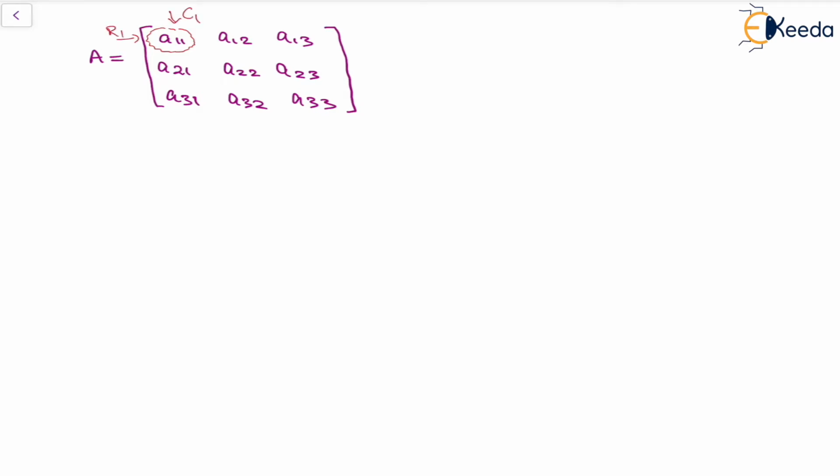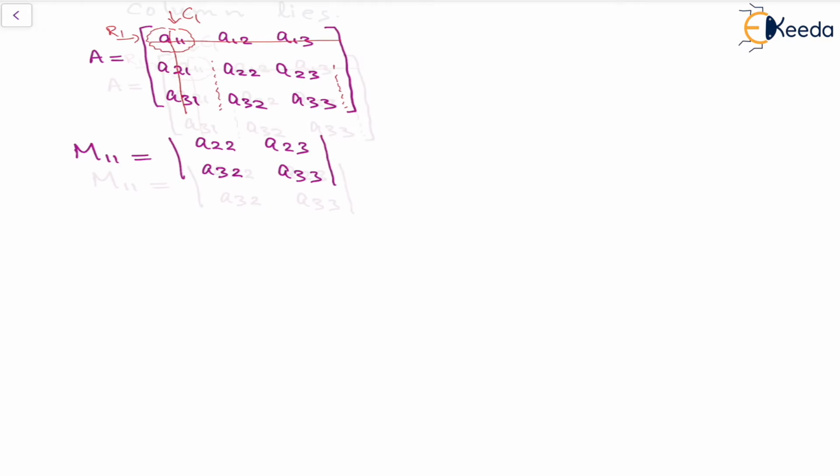So in that case, we will delete or eliminate column 1 and row 1, and then we will be left with a determinant with these four elements. So we can say that minor, which is denoted as M, minor M11 will be a determinant with the elements A22, A23, A32 and A33. So this is how we can obtain the minor M11.